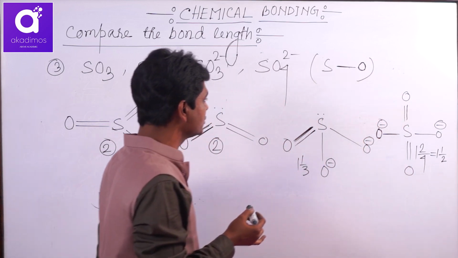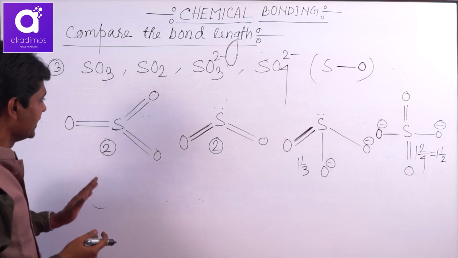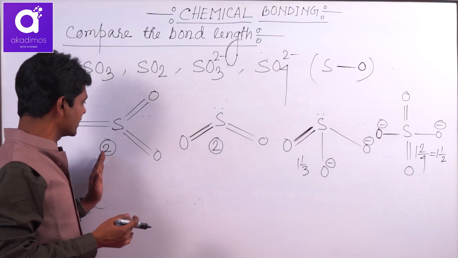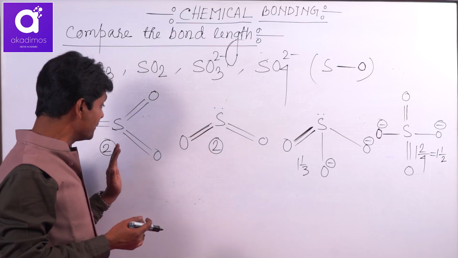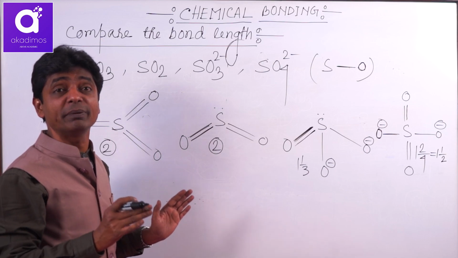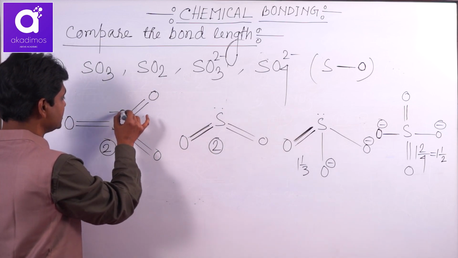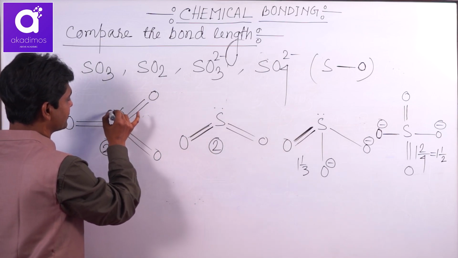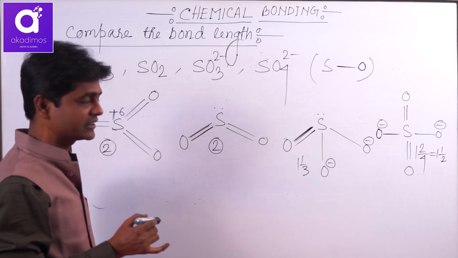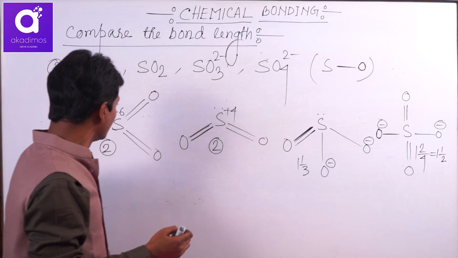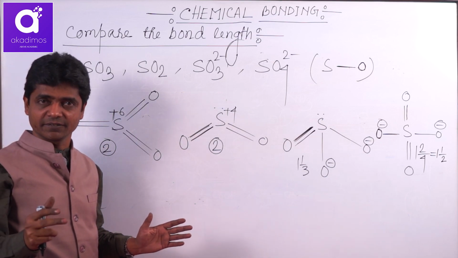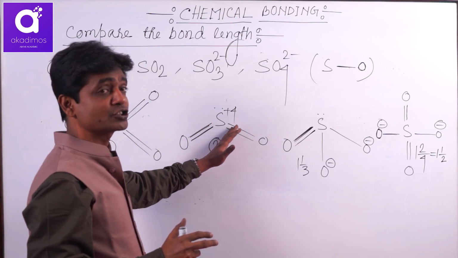Now I draw the bond length. See, the maximum bond order is in SO3 and SO2. Here equal. If equal, then how will you compare? You know the oxidation number of sulfur here is +6, and here oxidation state +4. You know +6 oxidation state is more electronegative than +4.